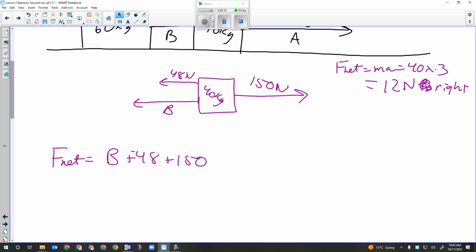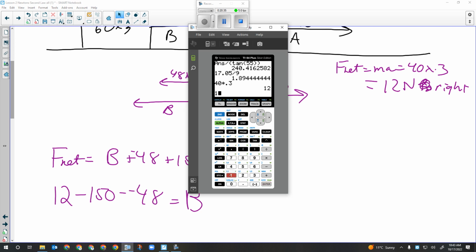Right, so I'm just going to bring the 48 and the 150 over, and that's going to look like this. 12 minus 150 minus negative 48 is going to equal the tension in the rope from B. Right, so 12 minus 150 minus negative 48.